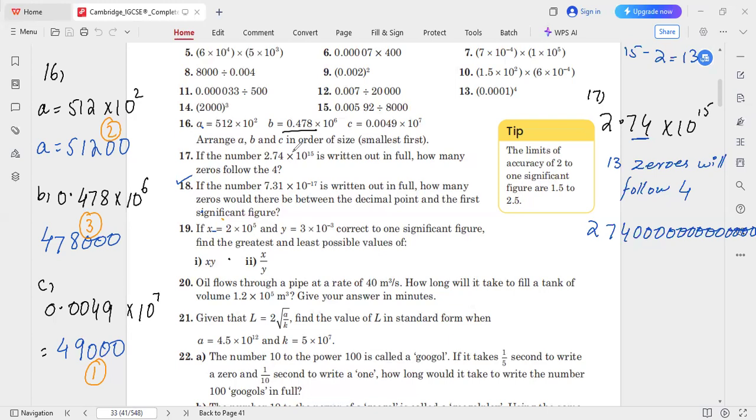For part number 18, we have 7.31 times 10 raised to the power negative 17. This time, as they give a negative 17 power, we will check how many numbers have been given before this decimal point. Only one number is given before the decimal point, that is 7.